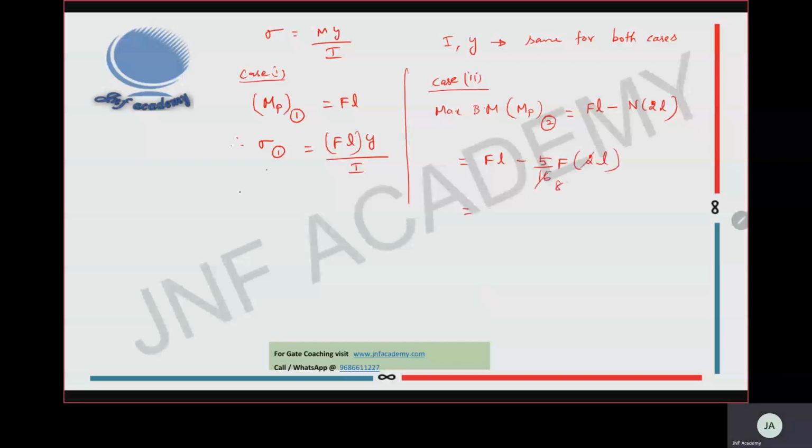That gives 3 by 8 times FL. From this we can find the bending stress for case 2. 3 by 8 FL, this is our moment, Y by I.